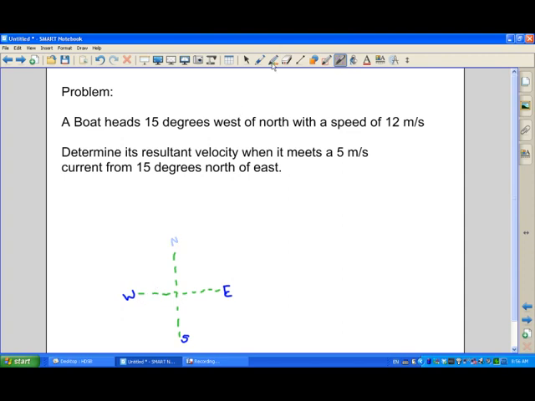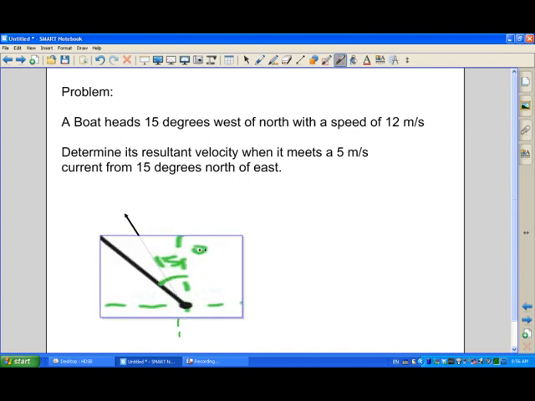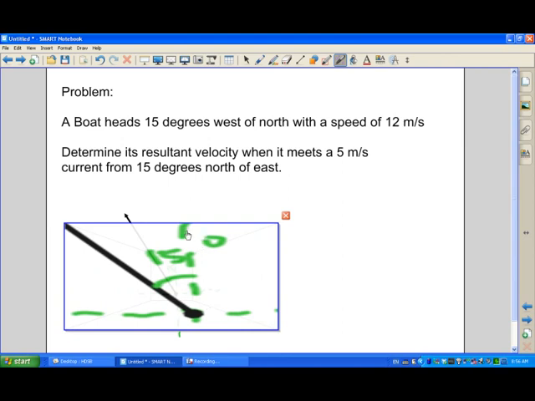So my boat is traveling 15 degrees to the west of north, in a direction like this, with the angle between north and the vector being 15 degrees.